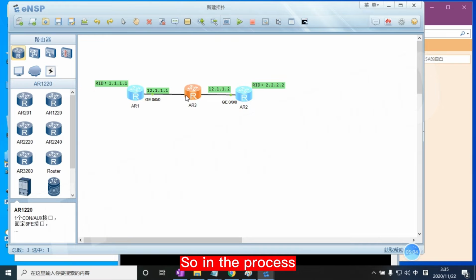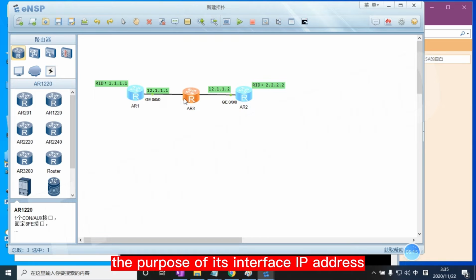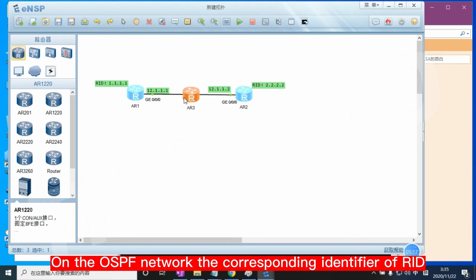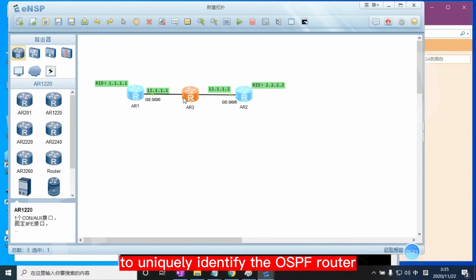So the DR advertises the IP address of its own interface. Let's figure out the purpose of this interface IP address first. On an OSPF network, the corresponding identifier is the RID, used to uniquely identify the OSPF router.